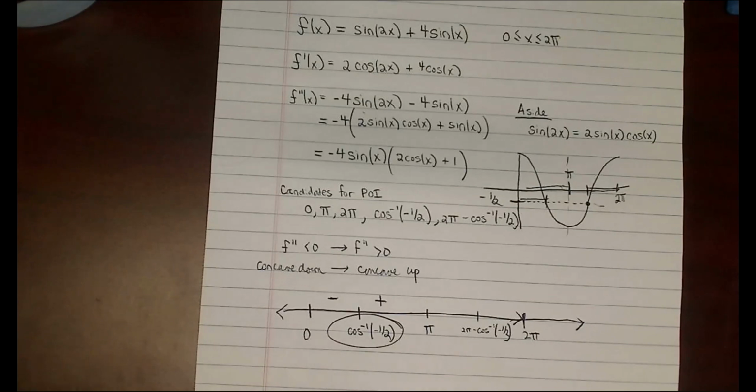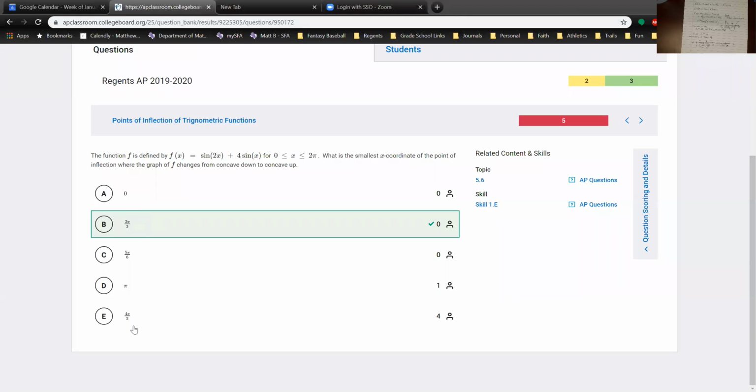Now, of course, if you go back to our answers, and let me go back and share my screen, we see none of our answers are the inverse cosine of minus 1/2. I'm like, oh no. Okay, we know it's not 0, we know it's not pi. Oh man, it must be one of these. So we have to remind ourselves of our 30, 60, 90 triangle.